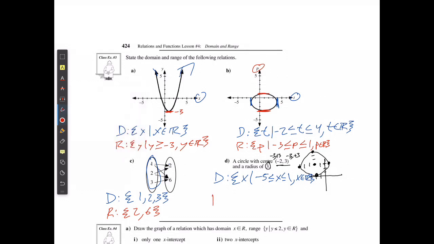For my range, it's represented by y. If I take 3 minus 3, it's going to be 0. And 3 plus 3 is going to give me 6, where y, e, r.